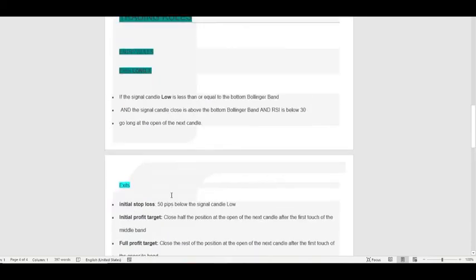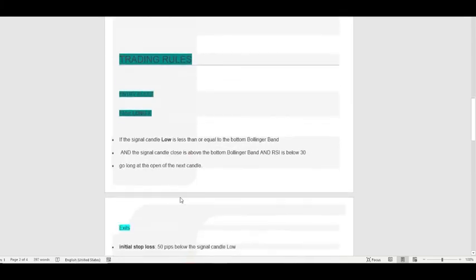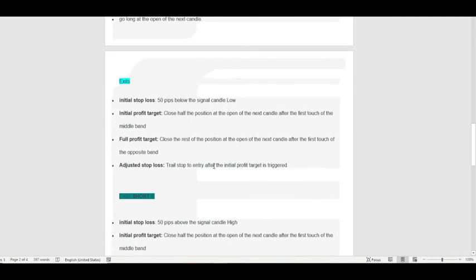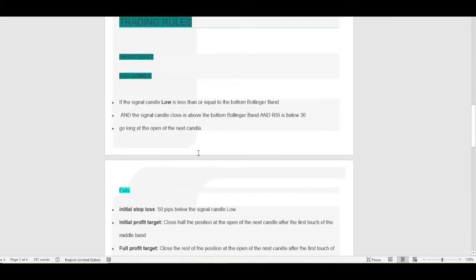The last one, so we have three. The last condition is your RSI. Your RSI should also be below 30. So you should wait. We now have three signals that you can see. The first is your low should be below or equal to the lower band.